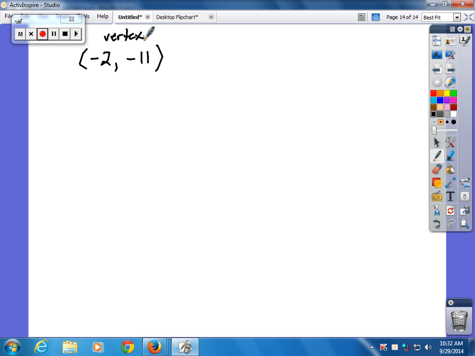Highest or lowest point. It's your bottom of the trough or top of the mountain. It's either one. It's called an extremum, a 25-cent word for highest or lowest. Your y-intercept is 0, negative 7. And your x-intercepts are 1.3 and negative 5.3.